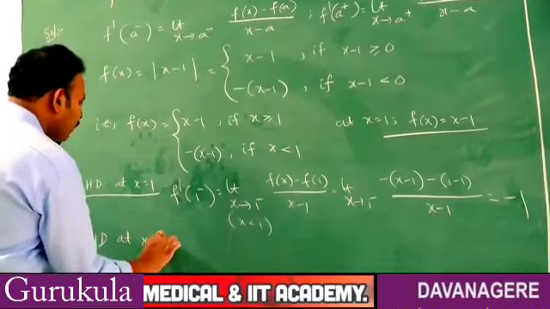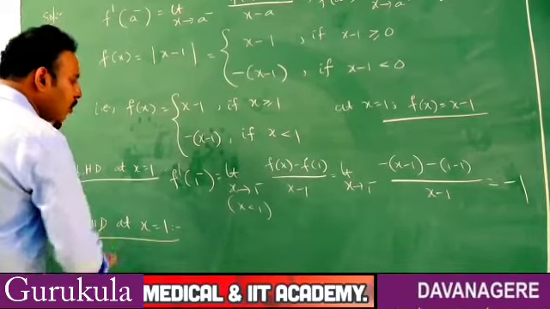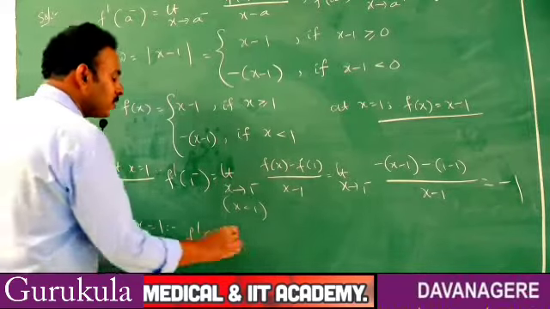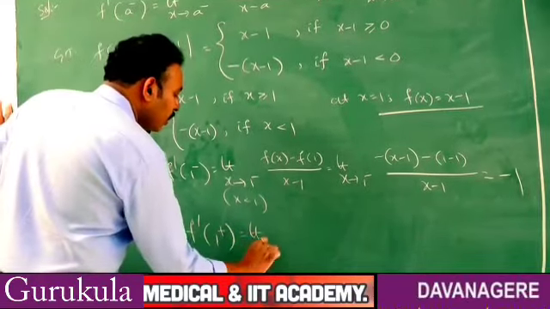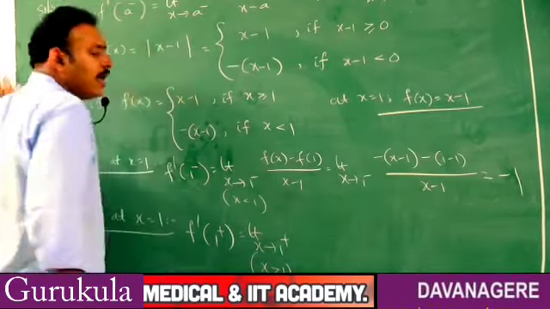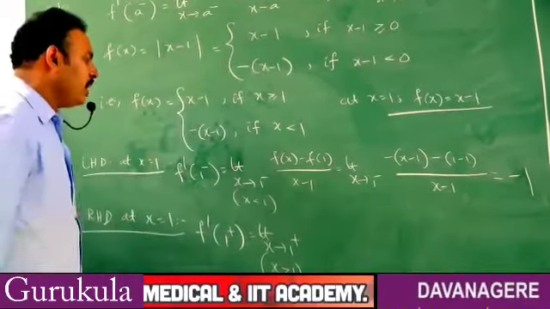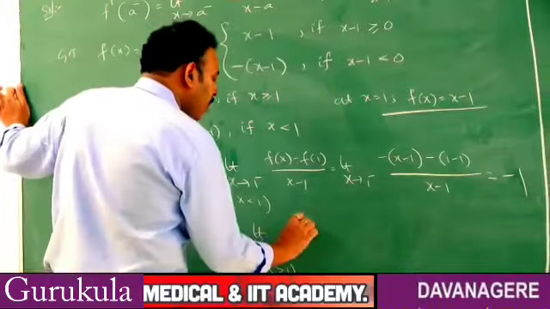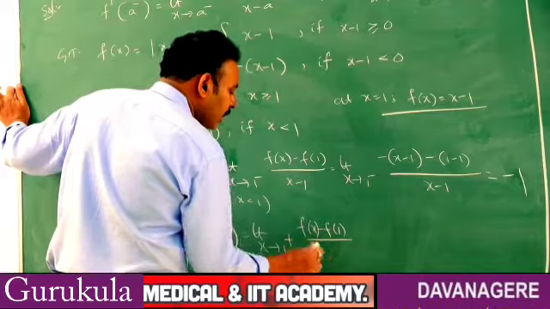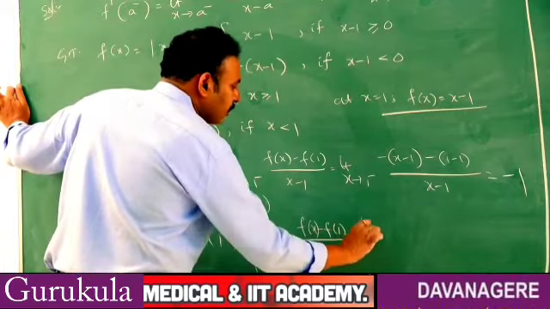Right hand derivative value at x is equal to 1 is f dash of 1 plus is equal to limit x tends to 1 plus, that is x greater than 1, of f of x minus f of 1 by x minus 1.